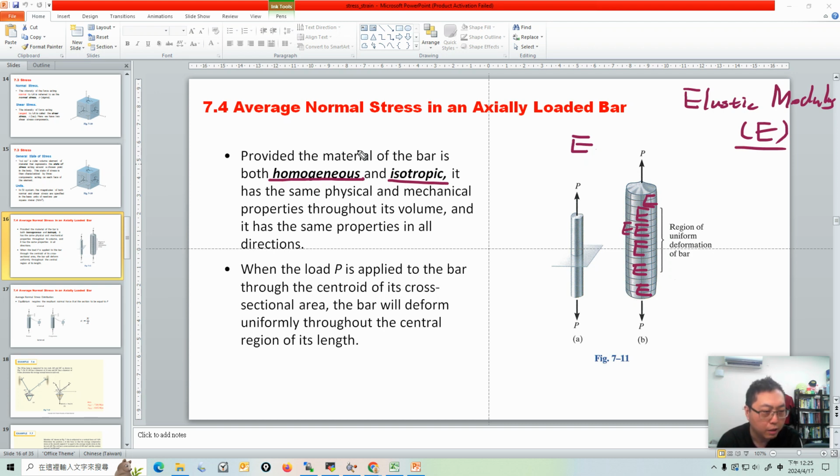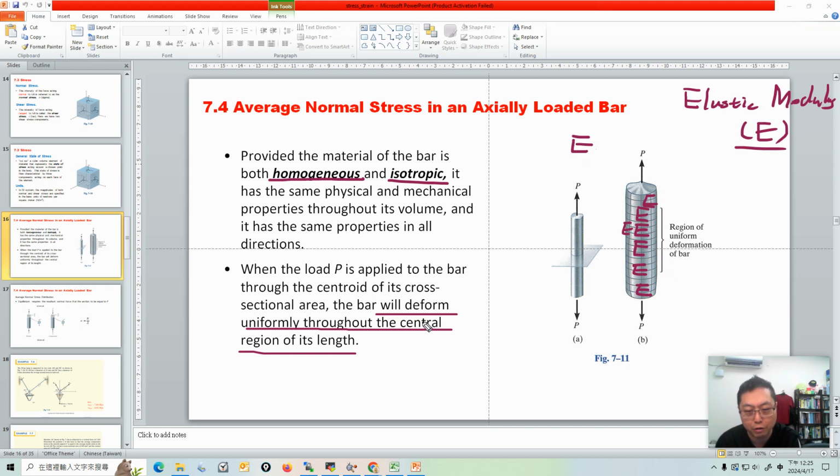Later, when we calculate axial loading, we apply a load to this bar through the centroid of its cross-sectional area. We also assume the bar deforms uniformly throughout the central region of its length, uniformly in each part of the material.